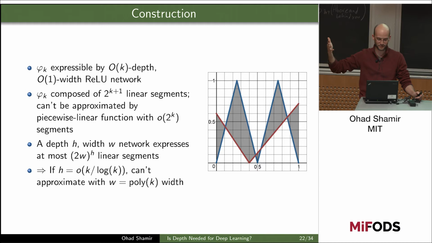So any piecewise linear function with much fewer segments won't be able to even approximate it. On the other hand, we can give upper bounds on how many linear pieces a ReLU network of a given depth and width can express. And you do the math, and you can show that you just can't get so many segments with a shallow network. And again, this holds for any k, which can be arbitrarily large.